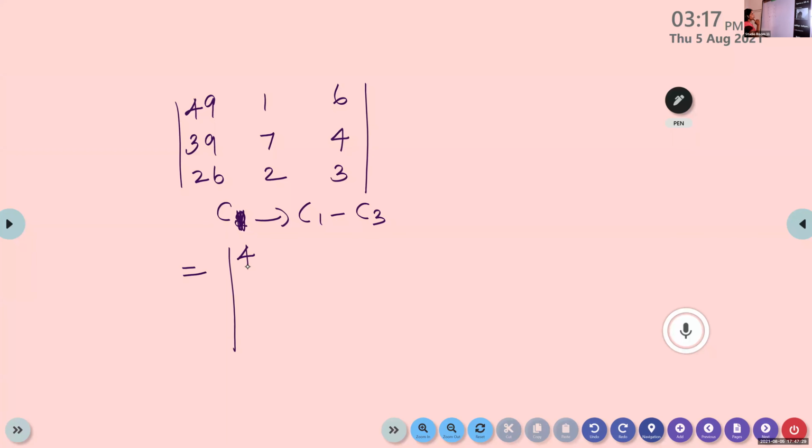What is 49 minus 6? Yes, children, what is the answer when we subtract?